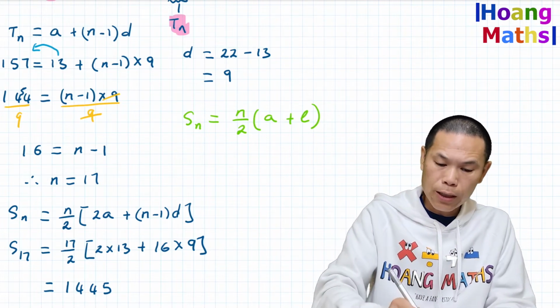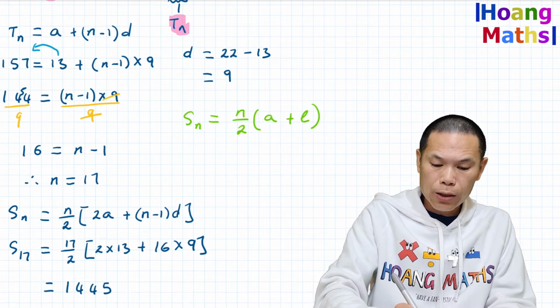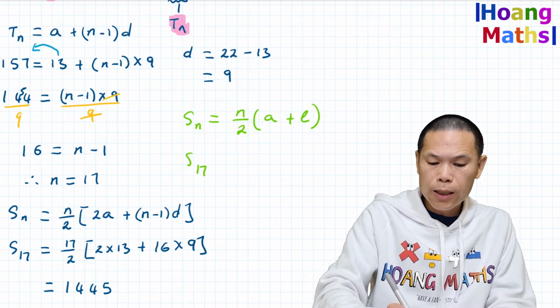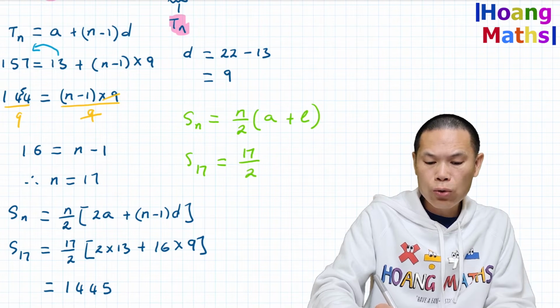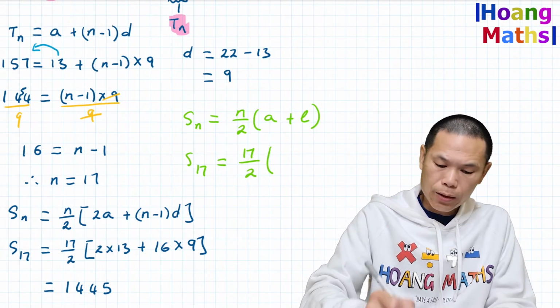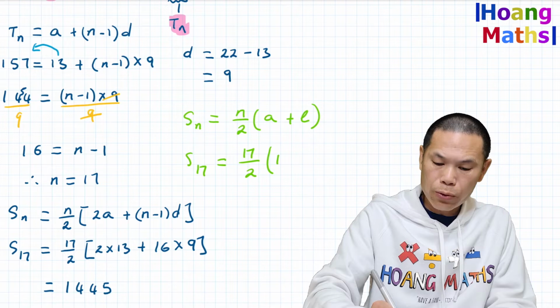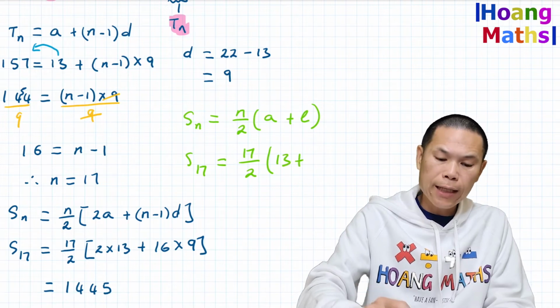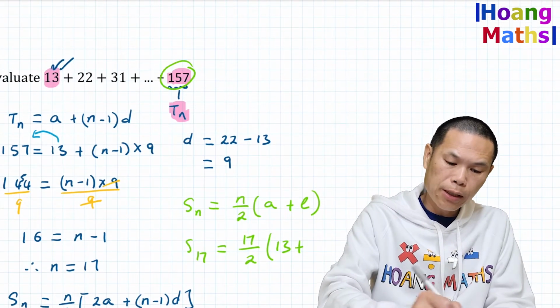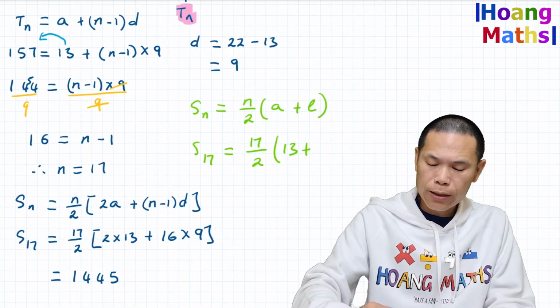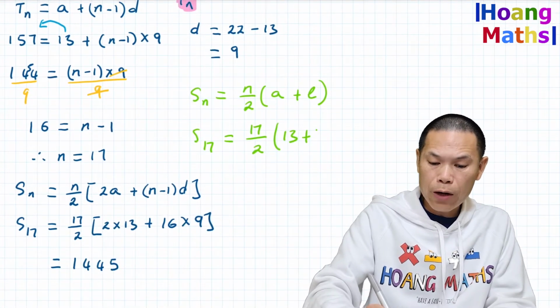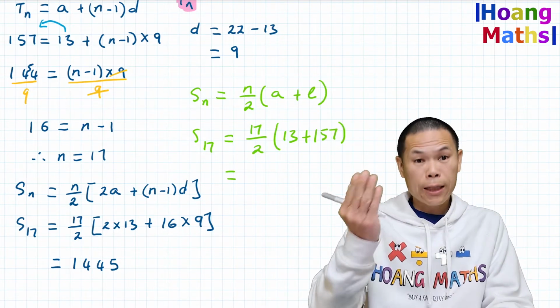Okay, so let's just work it out to see. So S of 17 terms, so n is 17 over 2, and we already know a is 13. So we put 13 down and we add the last term. So the last term is this, 157. So let me just write this down, 157. And that should give me the same answer.